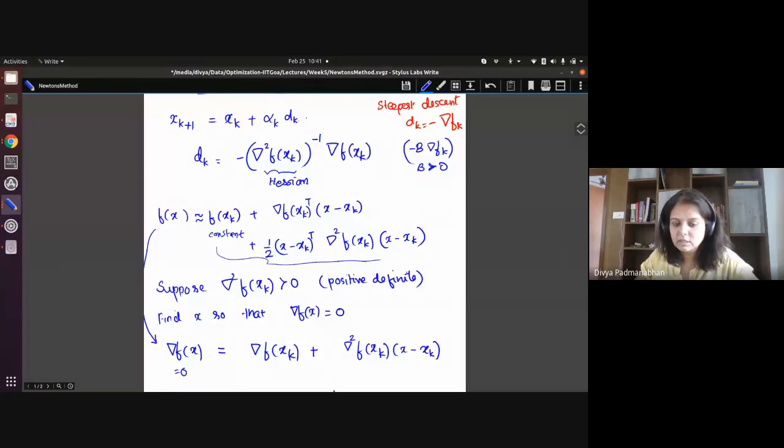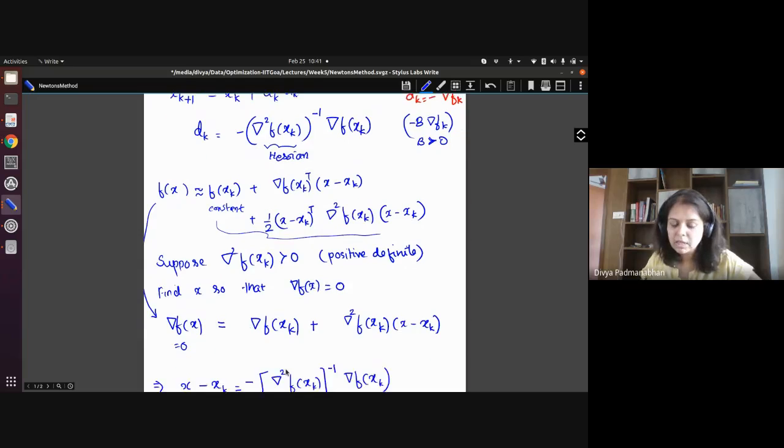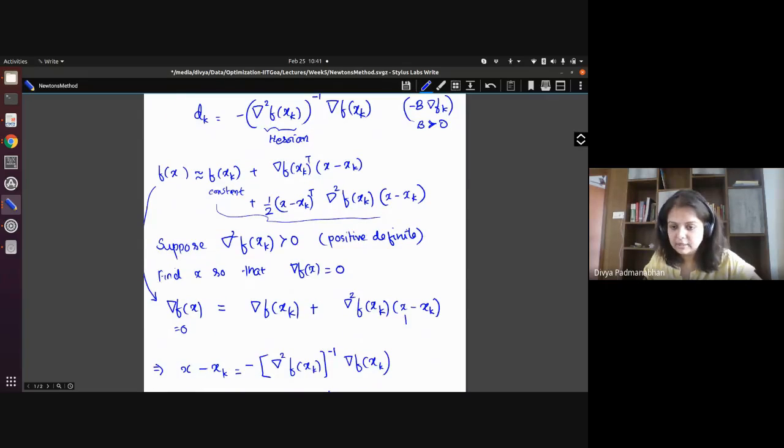So there's the gradient of f evaluated at xk, and from the quadratic term you get the Hessian times x minus xk. The idea is to set this whole thing to 0 and solve for x, the x which makes this whole right-hand side 0.